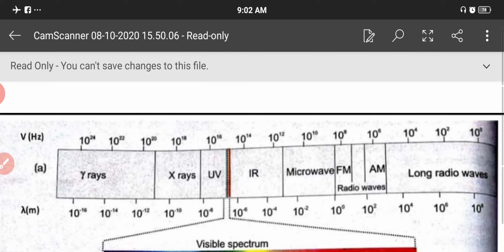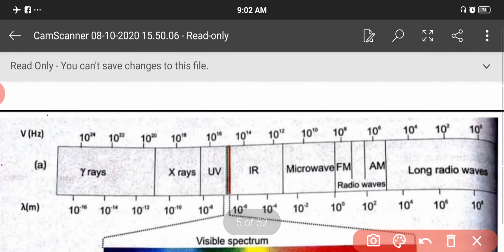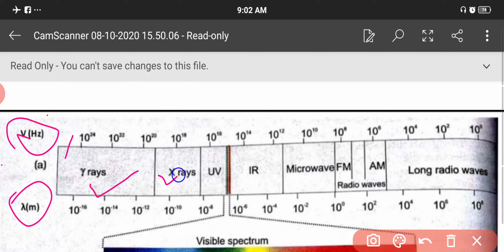Here frequency is given, and at the bottom, wavelength. Okay, so gamma ray, X-ray, UV, IR, microwave, radio wave, FM and AM, and long radio wave.